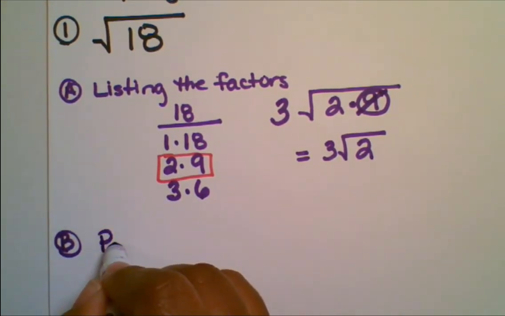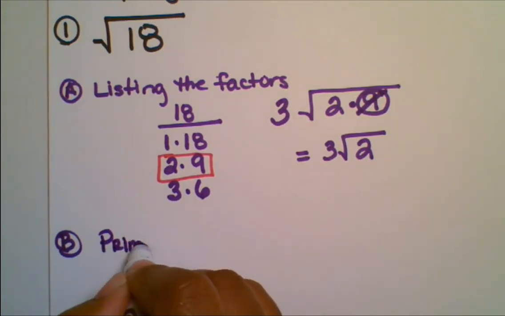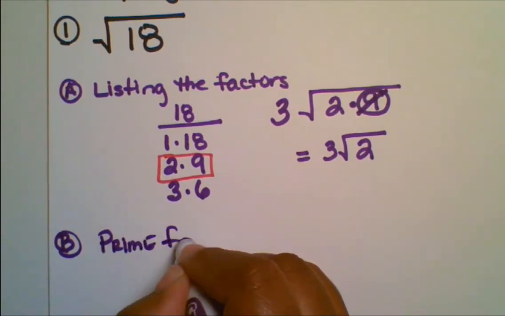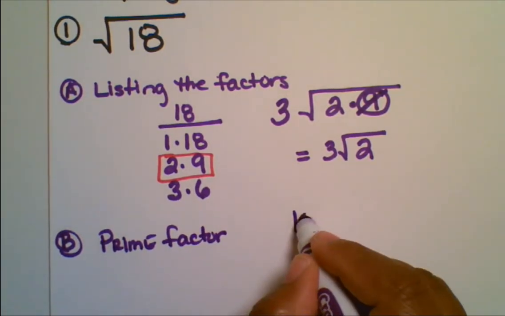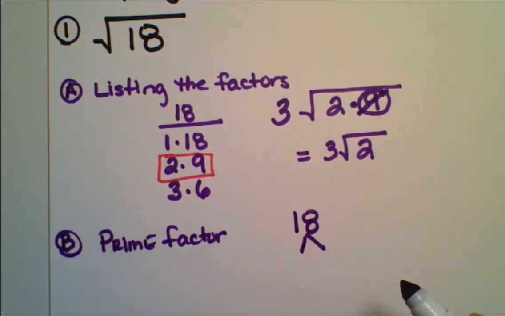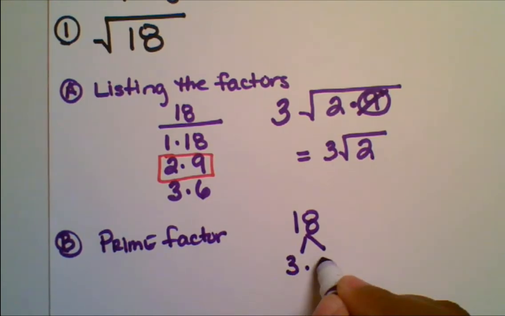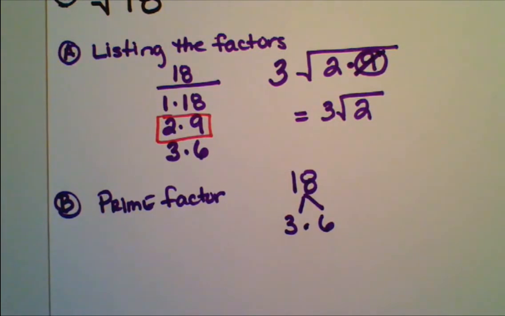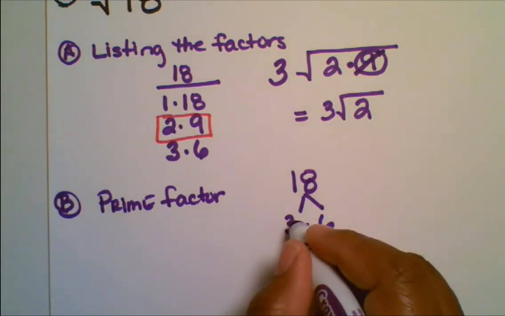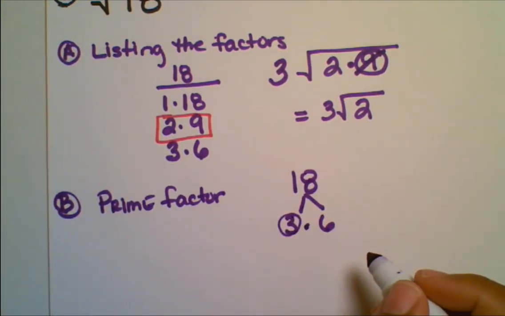listing the prime factors using the prime factorization tree, where we start off with 18. Here we have 3 times 6, or you can use 2 times 9, it doesn't matter. We branch, and 3 is prime, so I'm going to circle that.